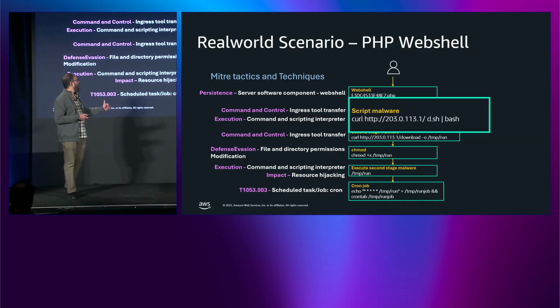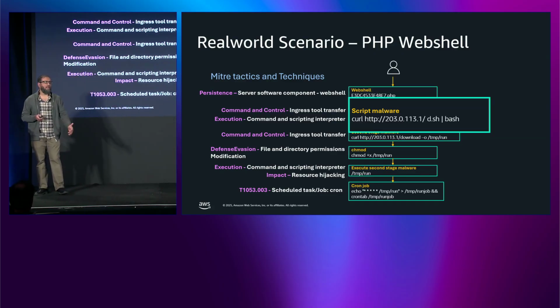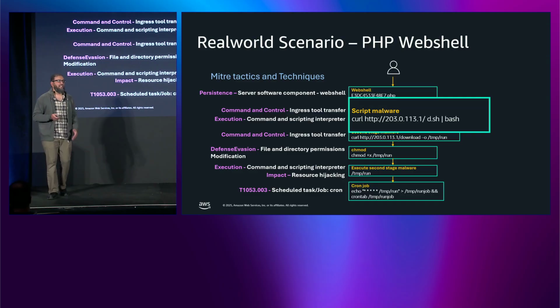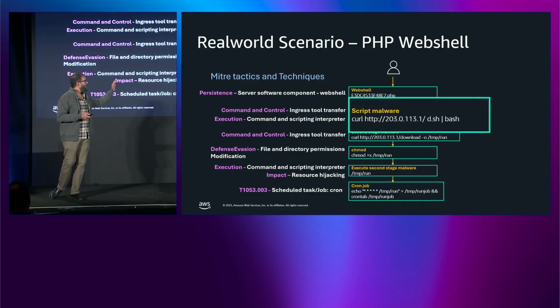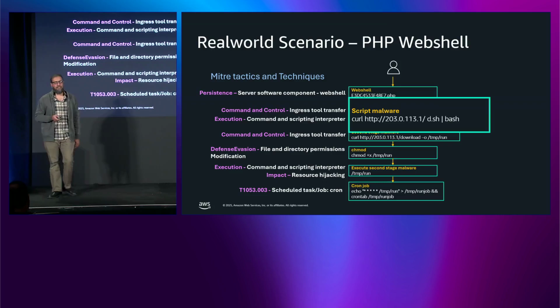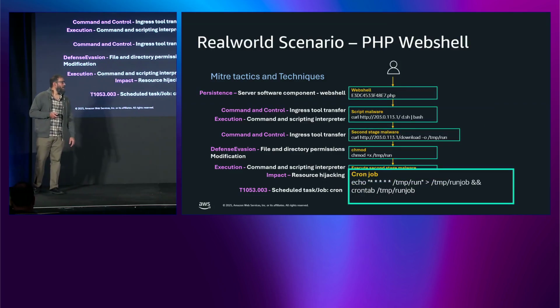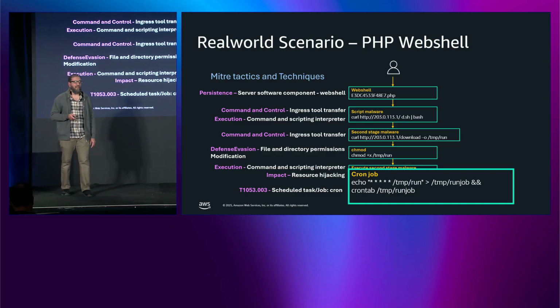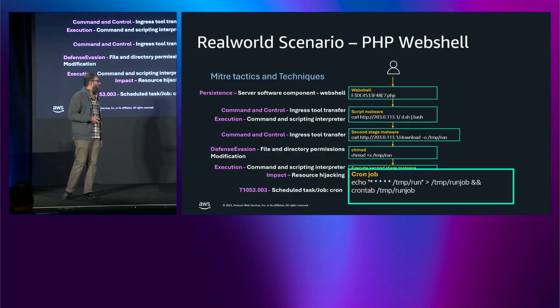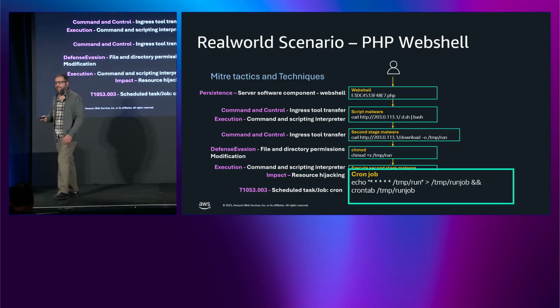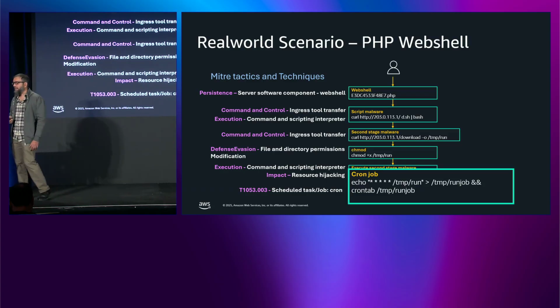For example, in this case, the attacker uses the curl command to download a script malware from an IP address-based URL and pipes it to a shell process. Another interesting pattern is the creation of the cron job here. In this case, the attacker writes the instructions for the cron job to a temporary file and loads that temporary file using the crontab command.